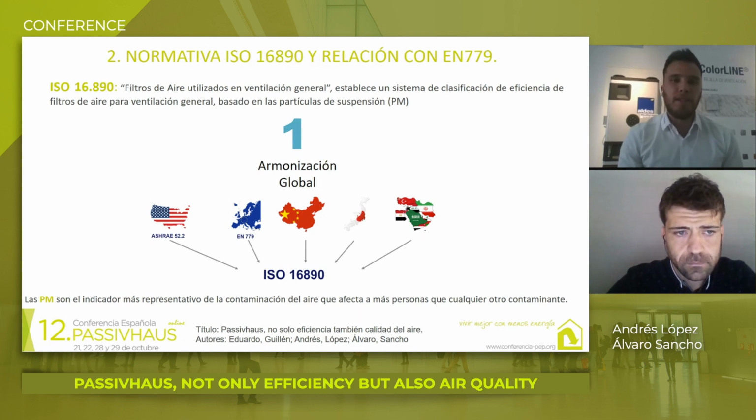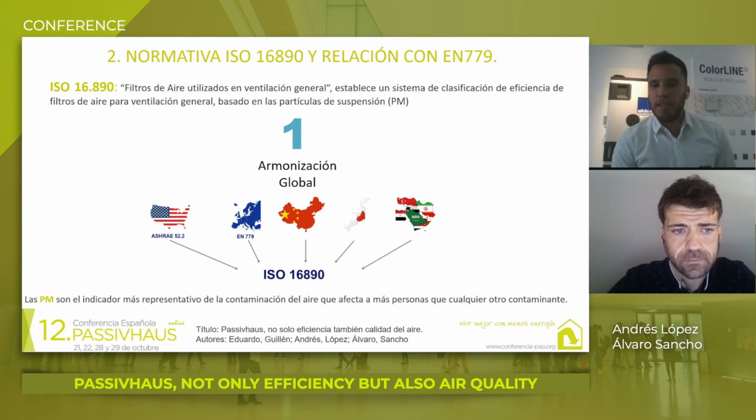The ISO 16890 standard establishes the technical requirements, specifications and criteria for filters used in general ventilation based specifically on suspended particles, particulate matter, and as we'll see later, this has been defined as PM. PMs are the most representative element of air contamination and may affect people just like any other contaminant.